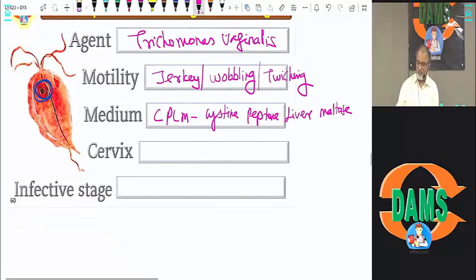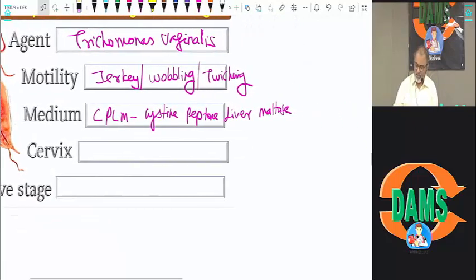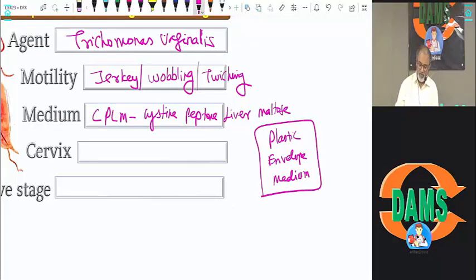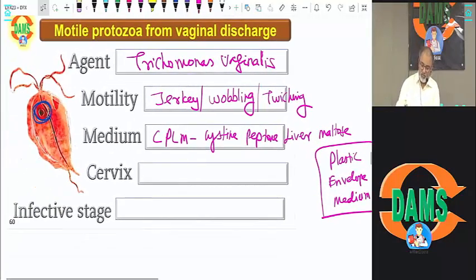Another one is plastic envelope medium. What about the cervix? Somebody told in the morning: what about the tongue? Strawberry tongue. Cervix is strawberry cervix.